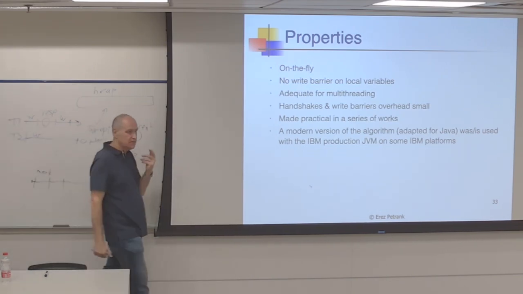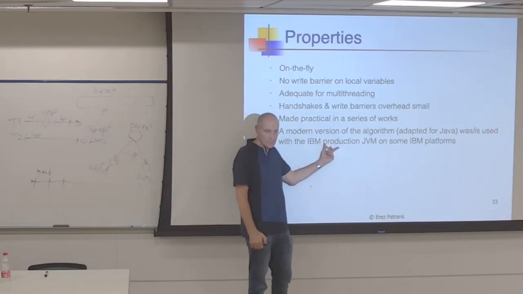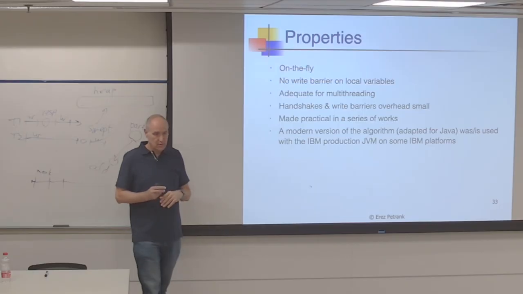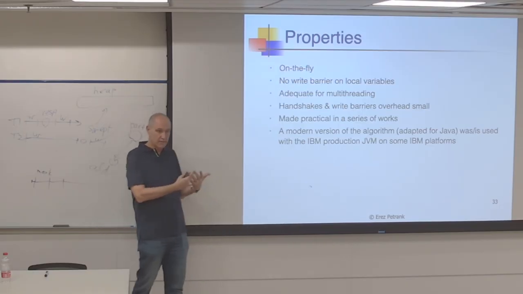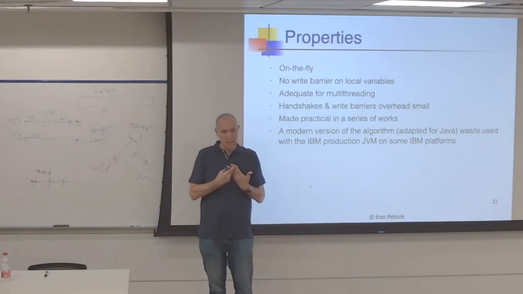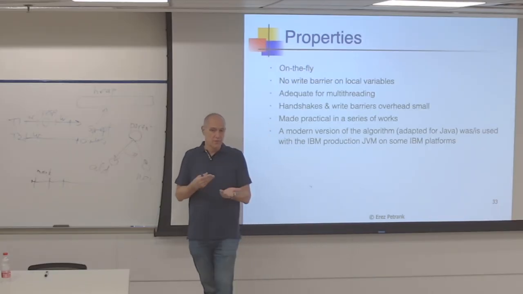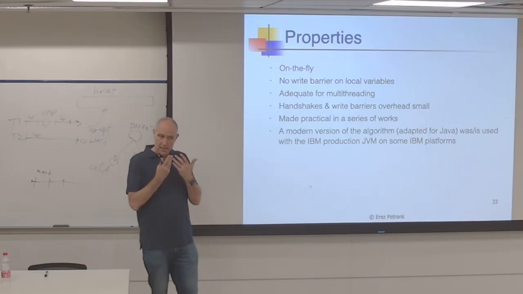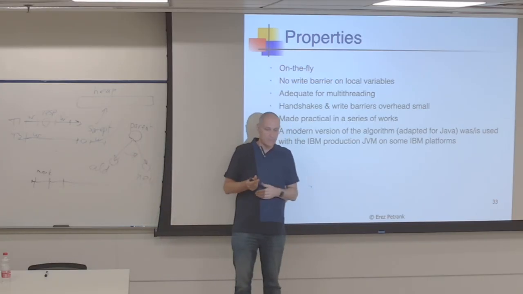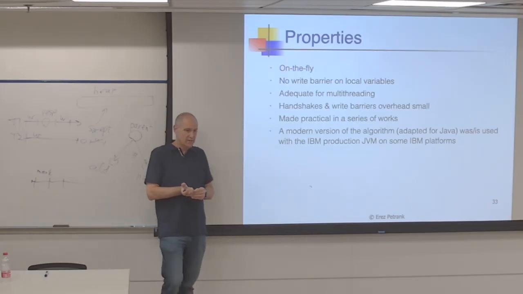I just want to say that it was complicated. When it went out, there were the designers who were able to deal with it. And after that, it was sent to another group in IBM who was responsible for maintaining it. And it was very, very difficult for them.